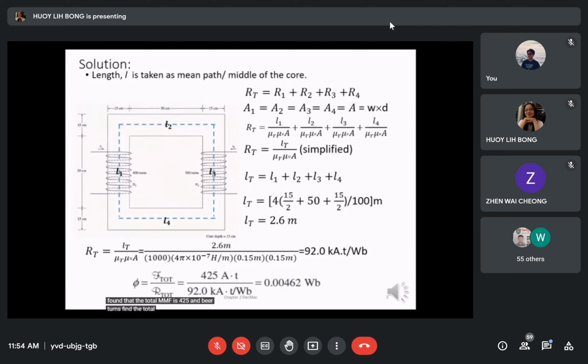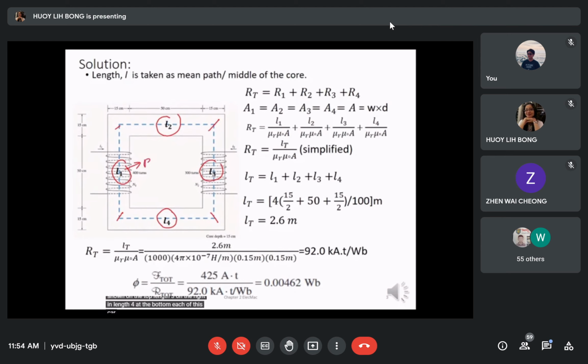To find the total reluctance, we have the length 1 on the left, length 2 as shown on the top, length 3 on the right, and length 4 at the bottom.